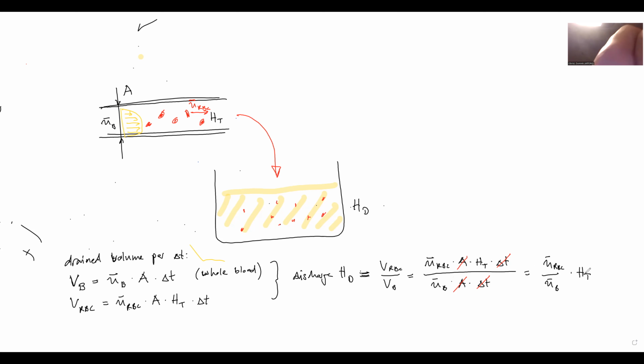So we have HD is equal to this expression. Okay. So we already see HD and HT do not have to be the same. They're actually related to each other via this ratio here.